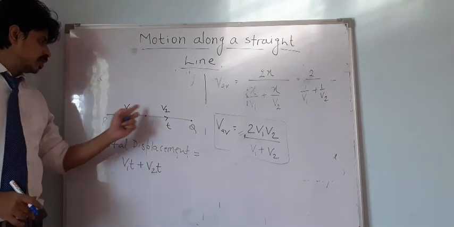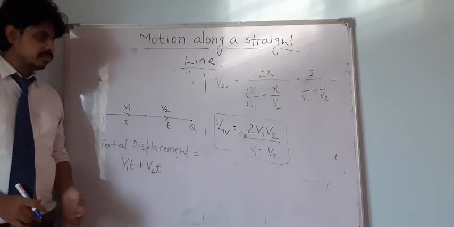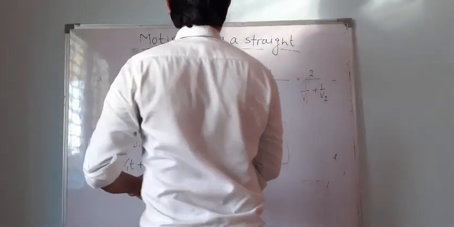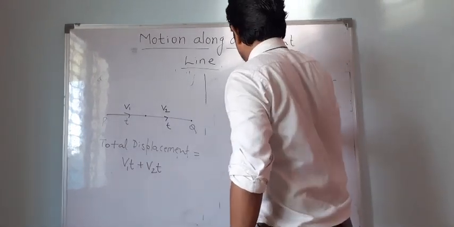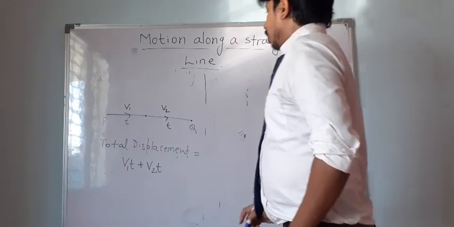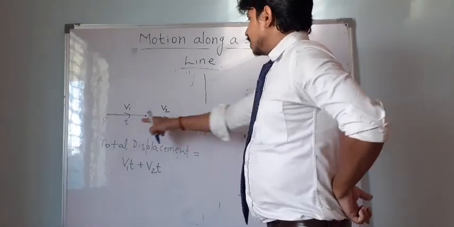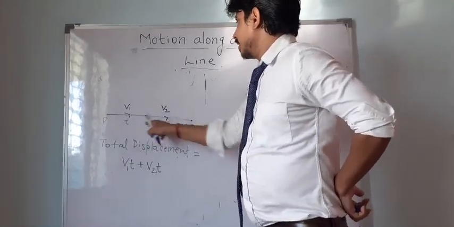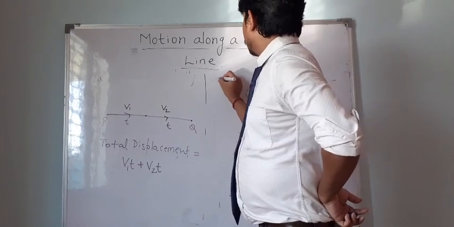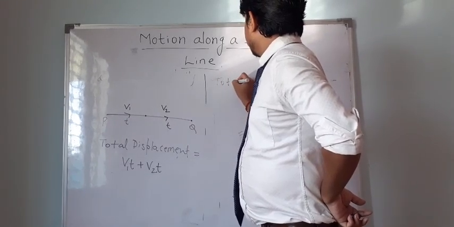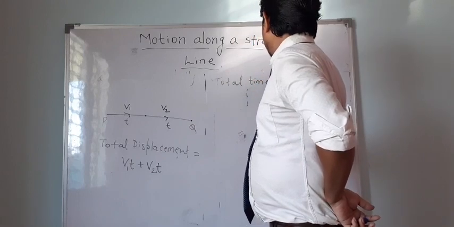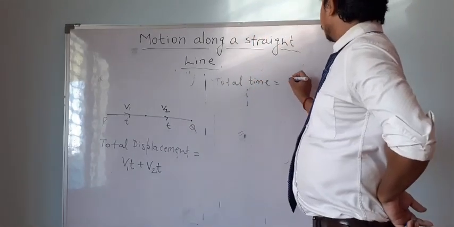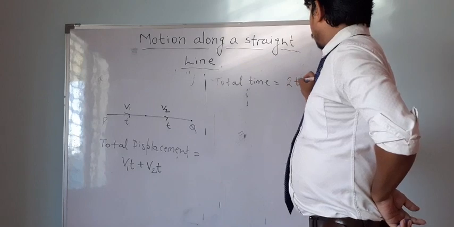So from P to Q it is v1 t plus v2 t. Now the total time is given as two halves, t and t, so the total time is 2t.